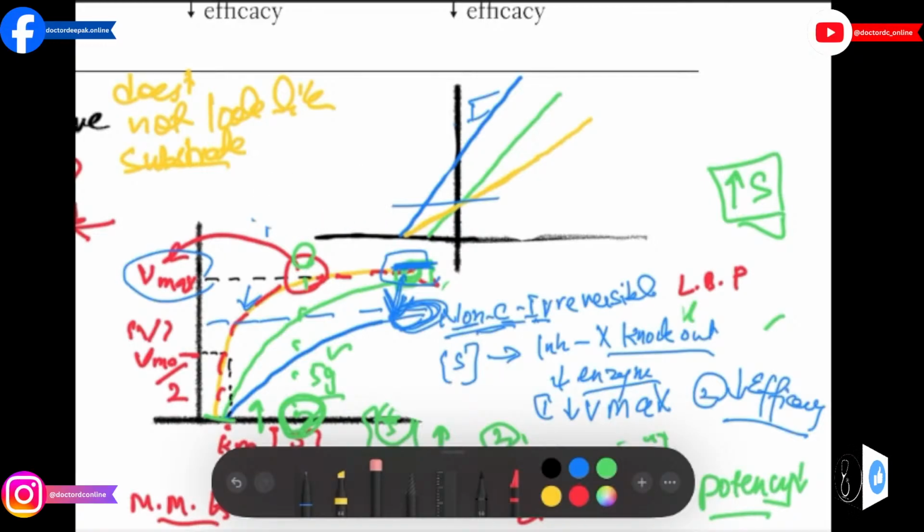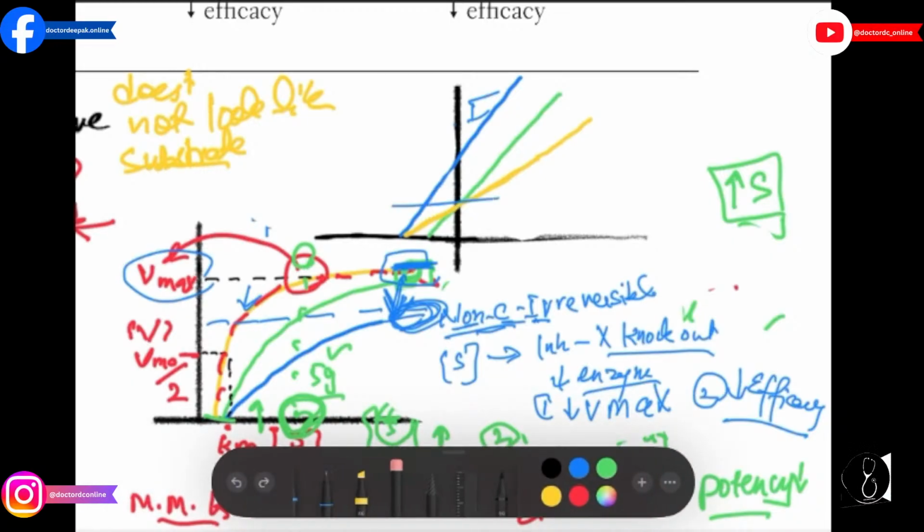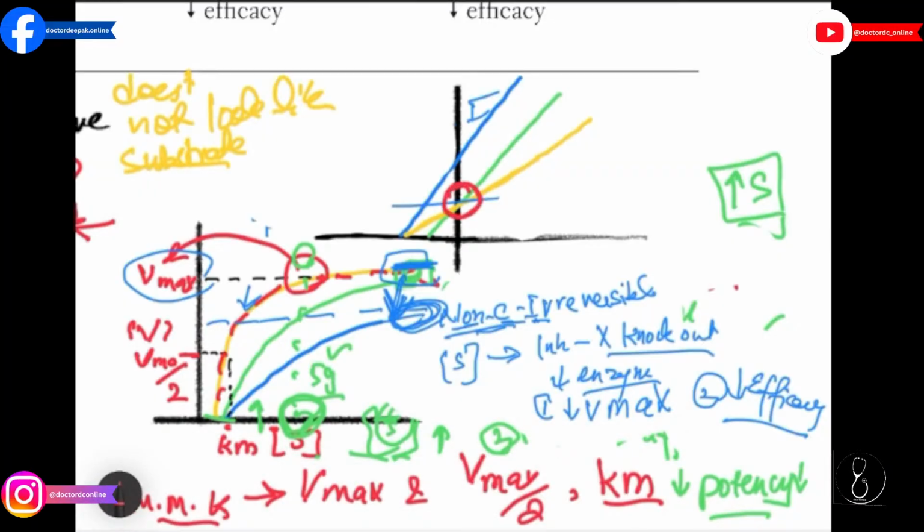And now we will talk about all these points with the Lineweaver-Burk plot. The Lineweaver-Burk plot is the presentation of a hyperbolic curve as a straight line. If you guys remember the point where the line crosses the y-axis, it is equal to Vmax.